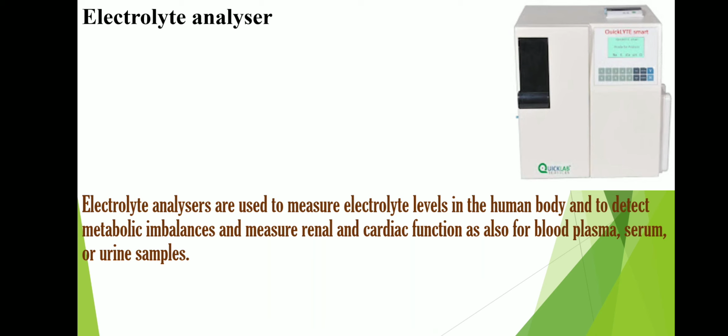We can test blood, the serum, and also give urine to identify the electrolyte level in these types of bio samples. It will help us identify various metabolite imbalances, or whether renal and cardiac functioning is abnormal or normal.